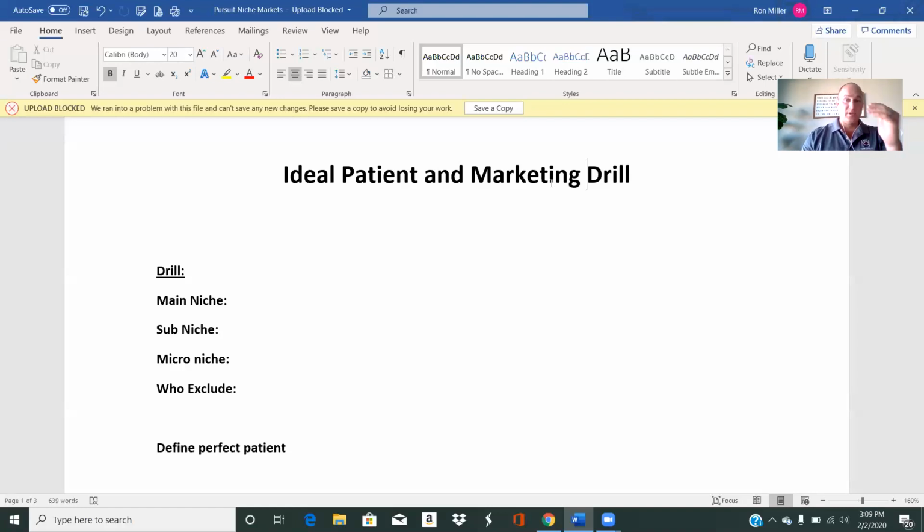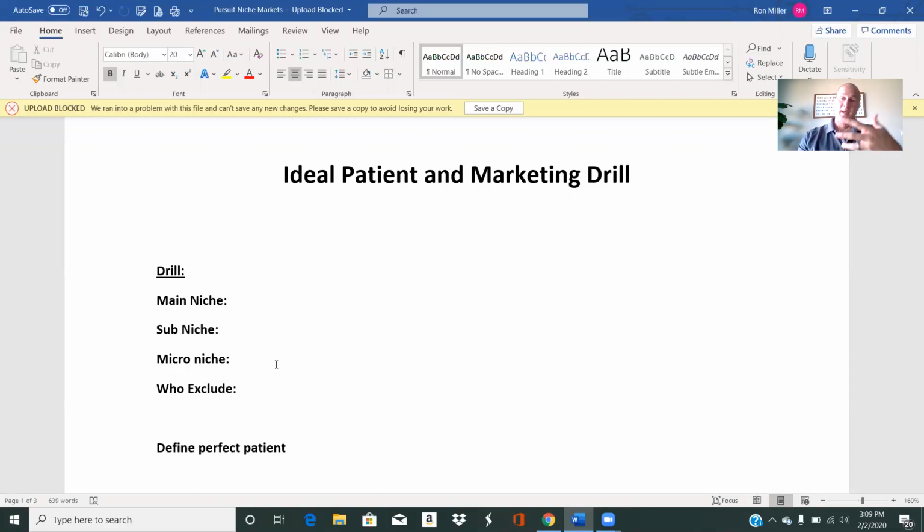So when you're picking your ideal patient out, when you're starting marketing, think about this. What's your main niche? What's your sub niche? What's the micro niche? And then who to exclude? Your main points, your headlines, your purpose is going to be to clearly identify who you want to target and who you don't want to target.